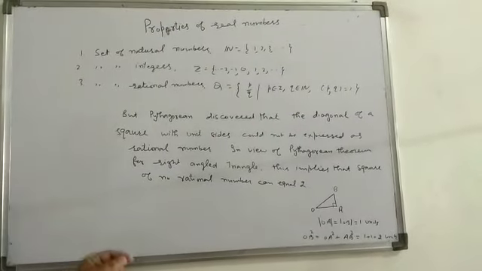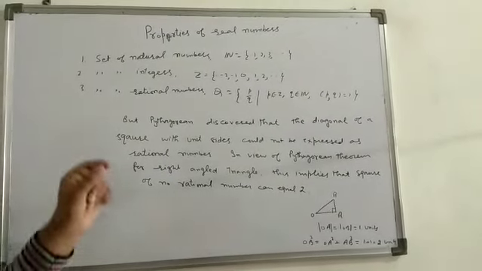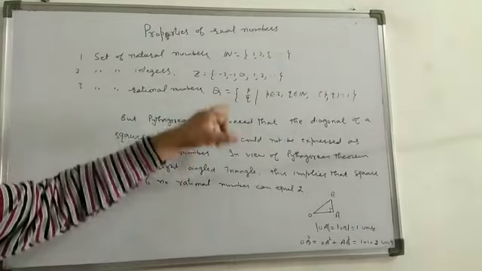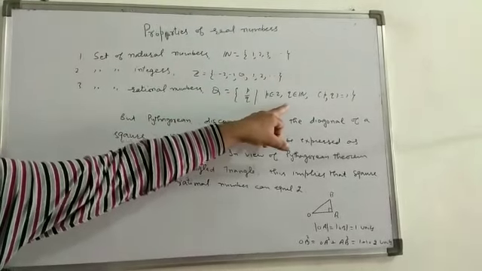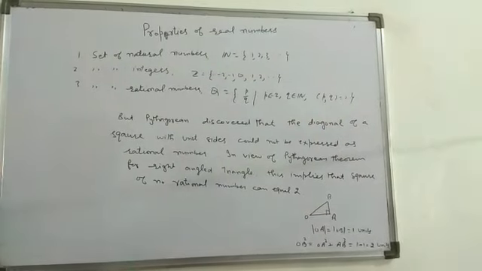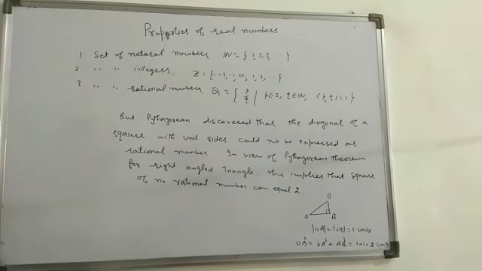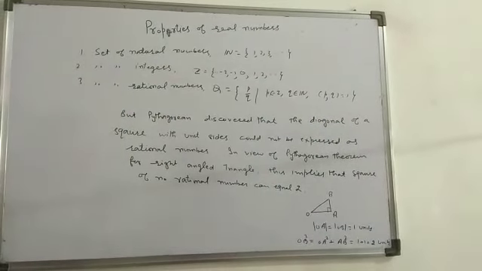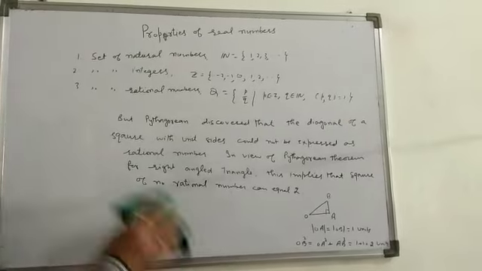So an irrational number is any number which cannot be put in the form p upon q, where p is an integer, q is a natural number, and p and q have GCD 1. Then we will now define real numbers.